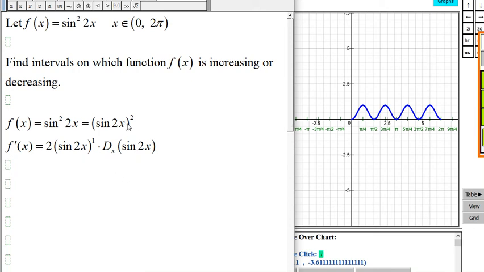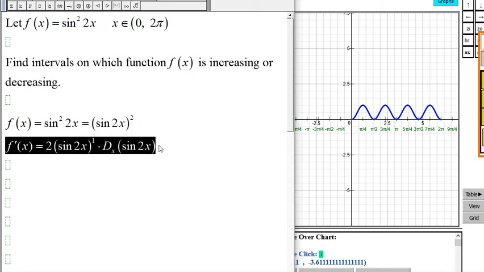To do the derivative here, we'd use the chain rule. Call this u. And so it'd be 2 times u, subtract 1 from the exponent, which is 1, and then times the derivative of u, which is sine of 2x.